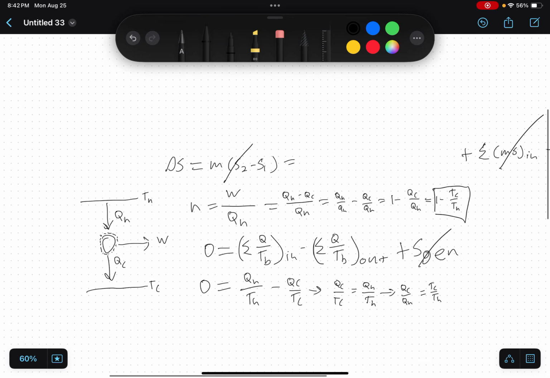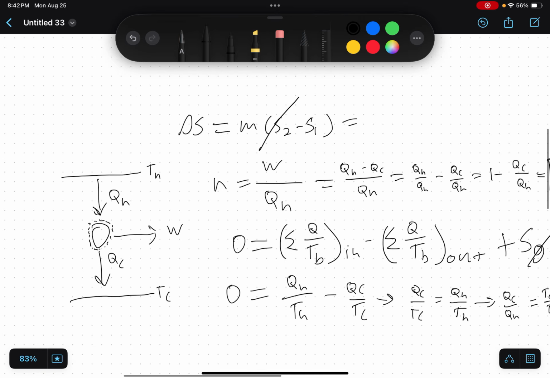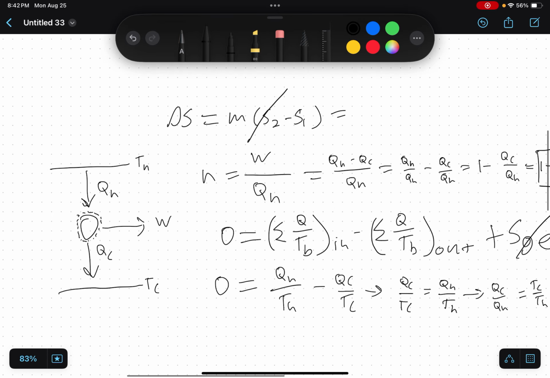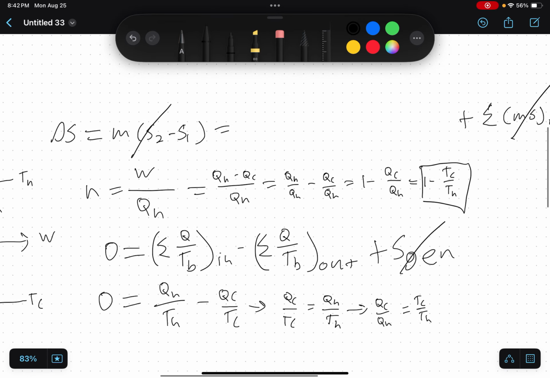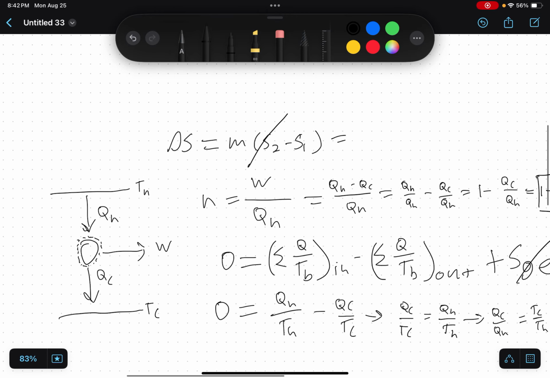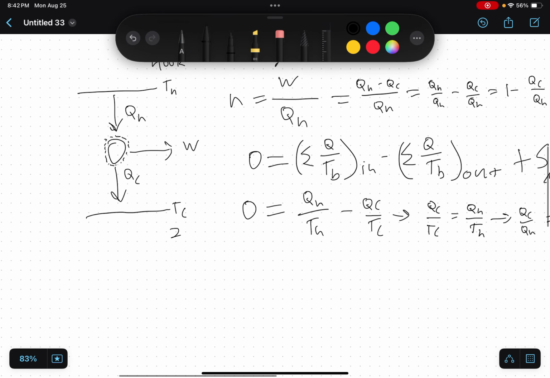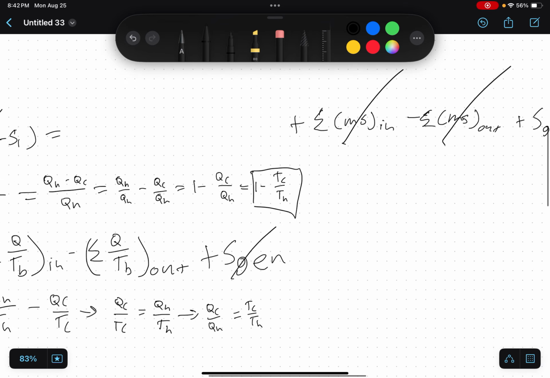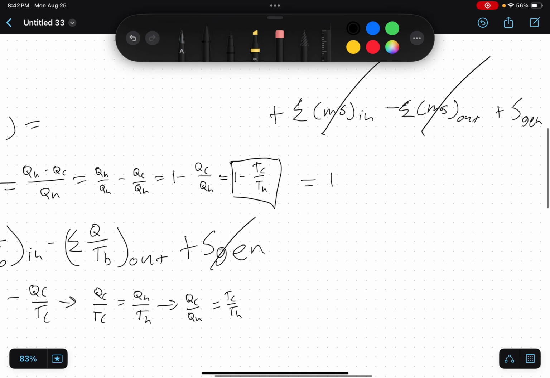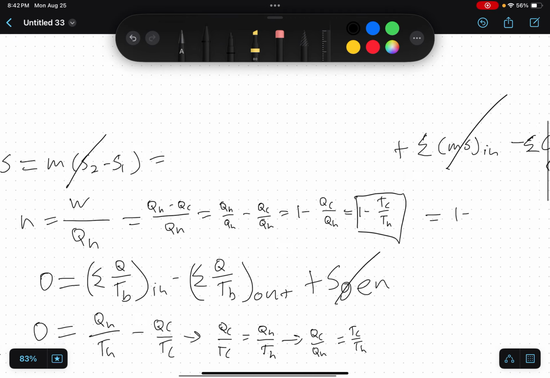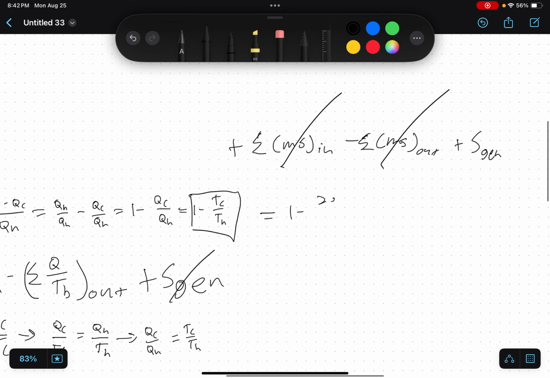And what that's telling you is, let's say your hot temperature is 400 Kelvin, and your cold temperature is 200 Kelvin. This is telling you that your maximum possible efficiency is 200 over 400. What is that, 0.5? So it would just end up being 0.5.